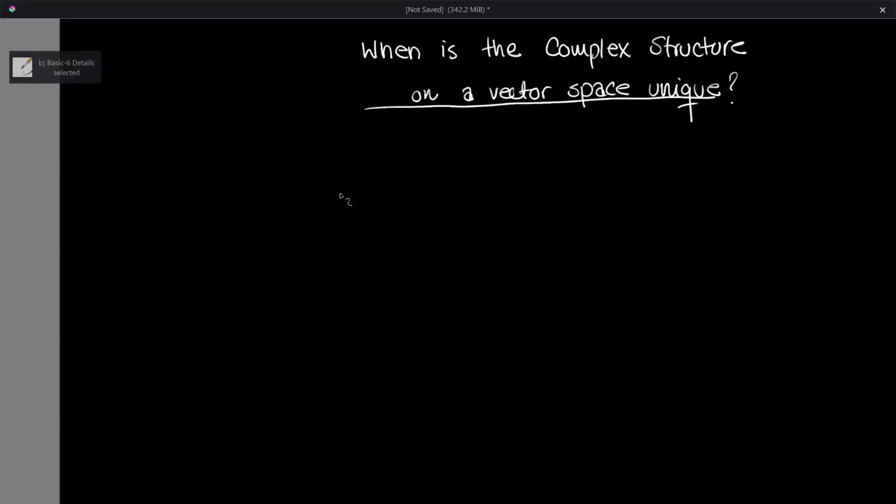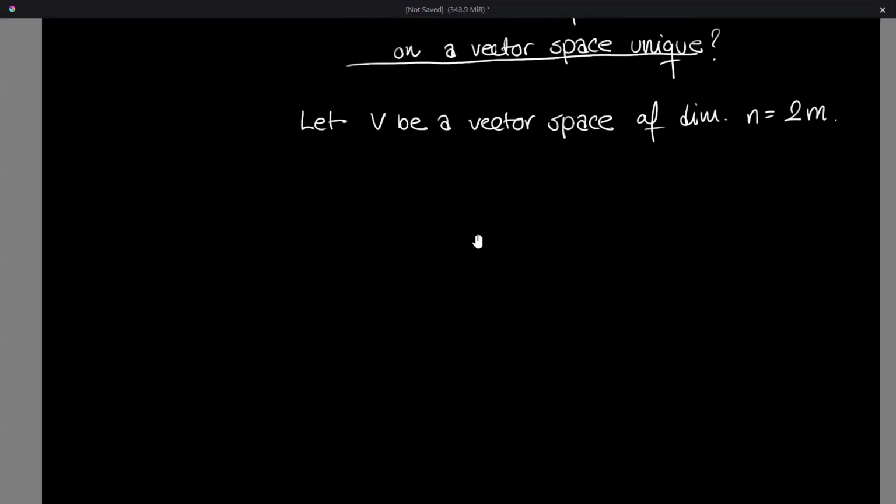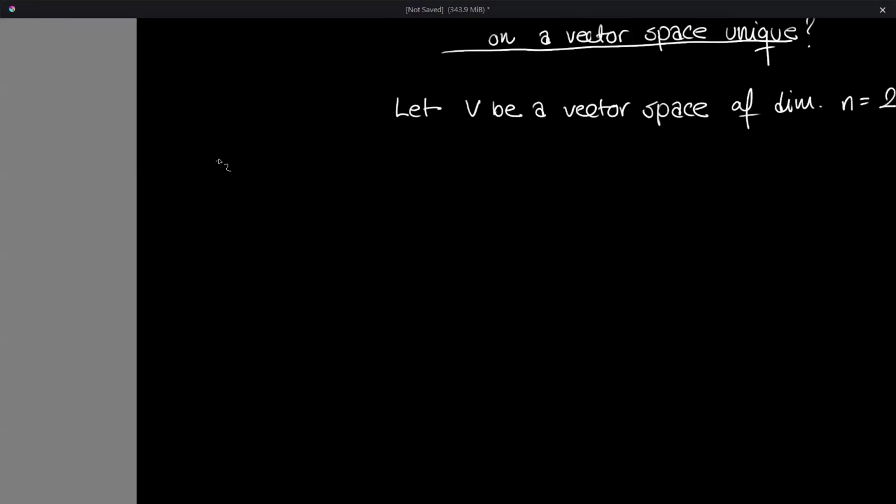So let V be a vector space of dimension n equals 2m. So this is the theorem.